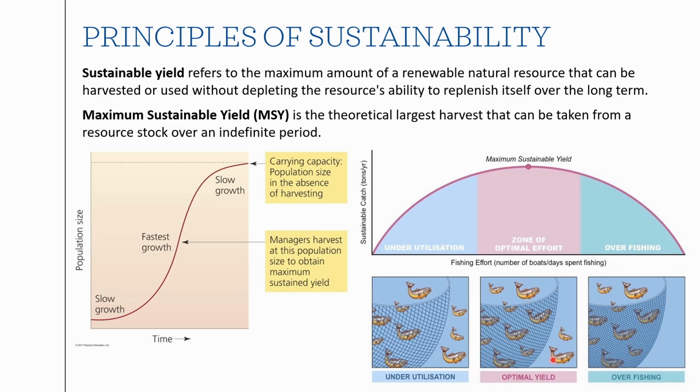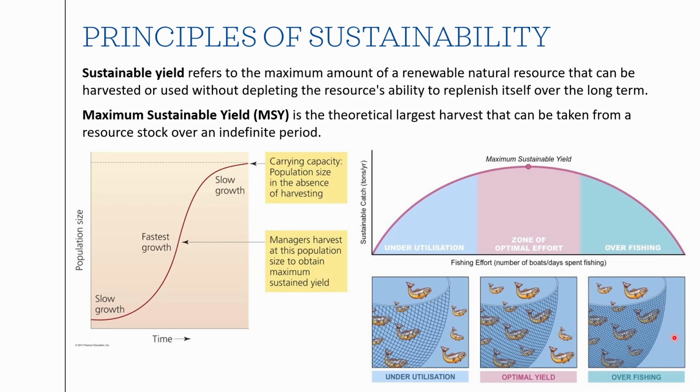So we have an optimal yield. We're catching a lot of fish every single year we go fishing. If we underutilize, if we put too little effort in, then we're underutilizing the resource. We're not harming the resource, but we're not getting the economic benefit out of it that we could potentially get. Now, if we take too many fish, this is overfishing, and we're overutilizing the resource.